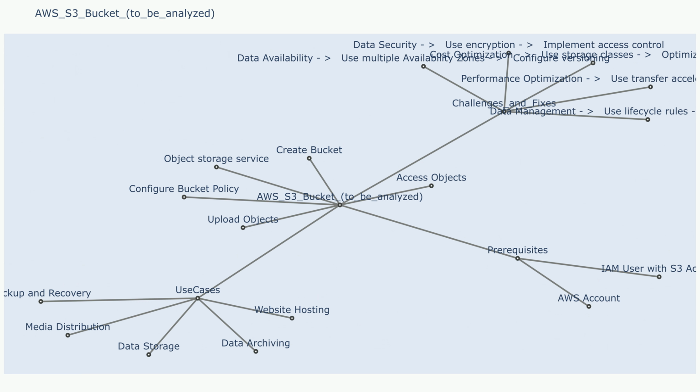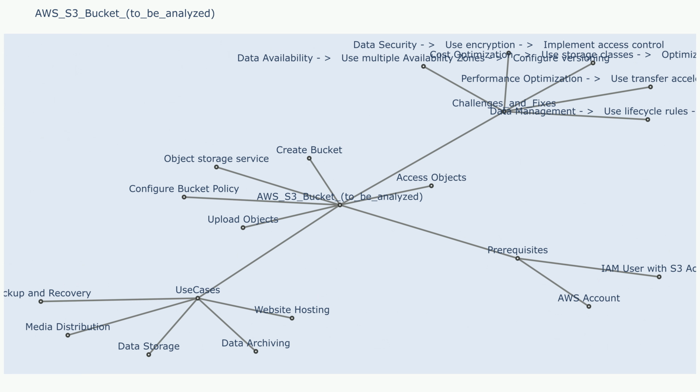Bucket policies define the access permissions for your S3 bucket, allowing you to control who can access the data in the bucket. You can create bucket policies using the AWS Management Console, the AWS CLI, or the AWS SDK.